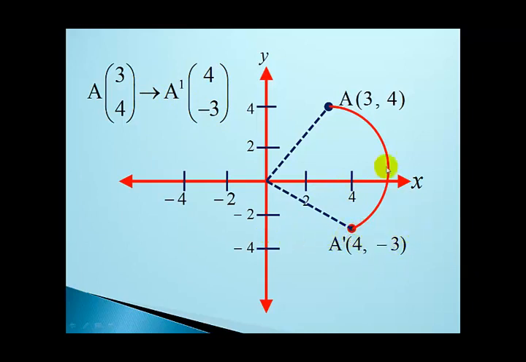So now when you rotate the point A(3, 4) under clockwise of 90 degrees, we have the image A prime (4, minus 3) as seen on the graph, and the angle is 90 degrees because we are rotating this point through clockwise of 90.